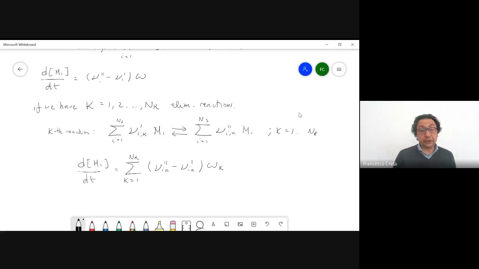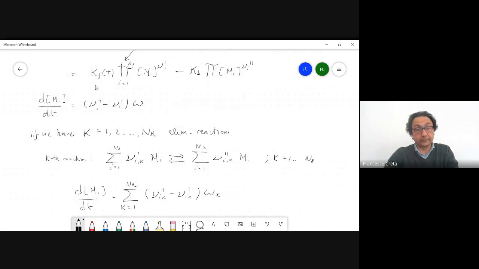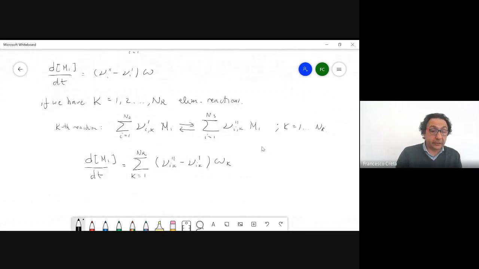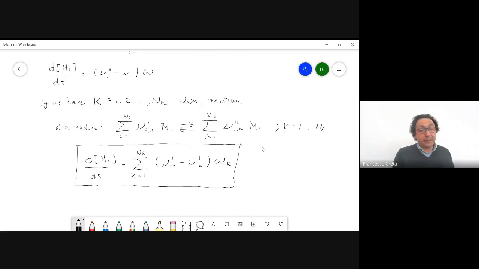So we sum essentially on all the reactions. Clearly, omega_k is the reaction rate of one of the individual steps, so it will have this particular form. So you see how complicated it is to build the final form of the ordinary differential system of equations.